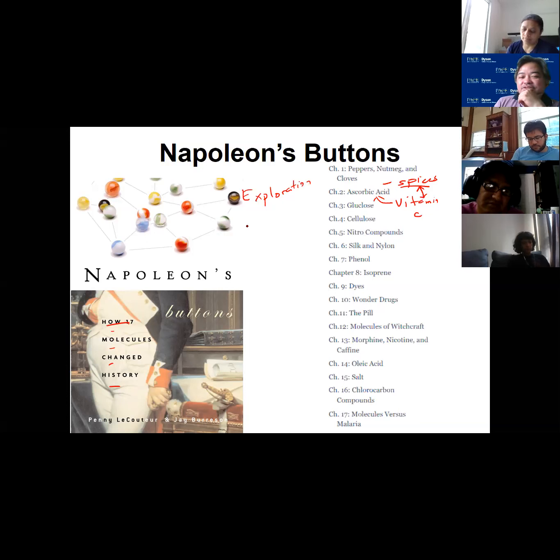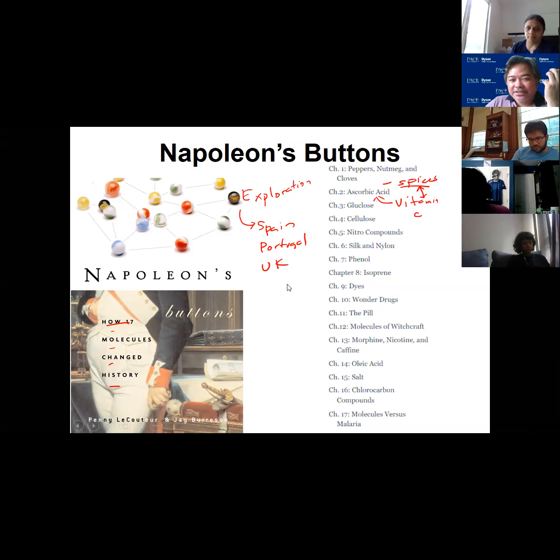During this exploration age, which were the superpowers? You have Spain, Portugal, maybe the UK. So usually they explored the world to find spices.